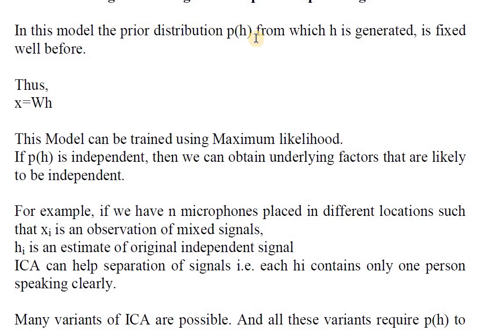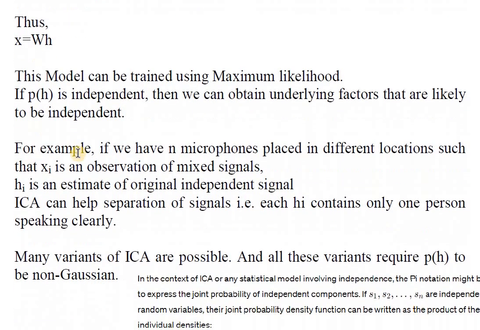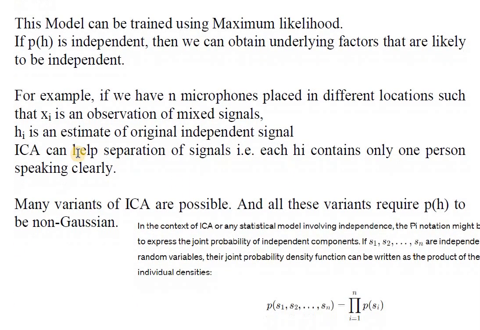In this model, the prior distribution from which H is generated is fixed. Okay, so X is equal to WH becomes your formula. And if you want to train this model, you can train this model using maximum likelihood. P of H is independent, and then we can obtain underlying factors that are likely to be independent.